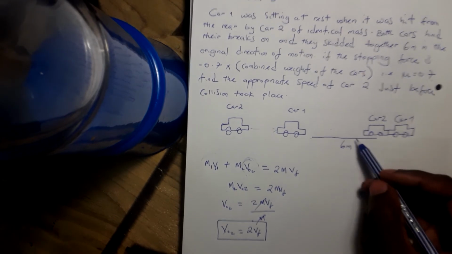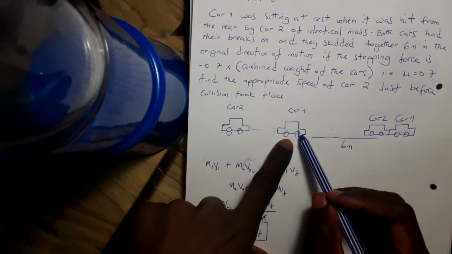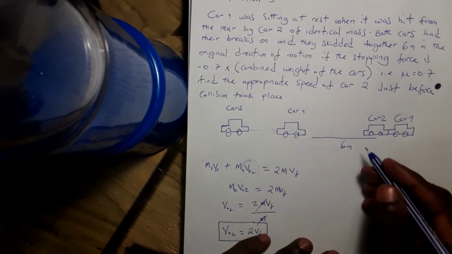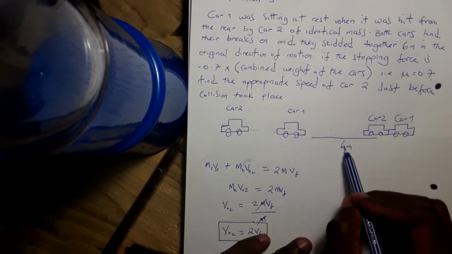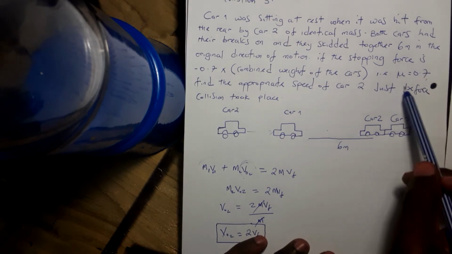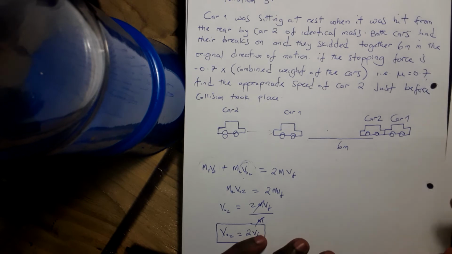So we know that these cars, just after hitting each other, skidded together a distance of 6 meters. We've been given the coefficient of kinetic friction here, 0.7.